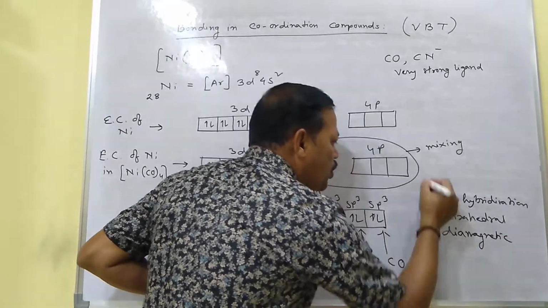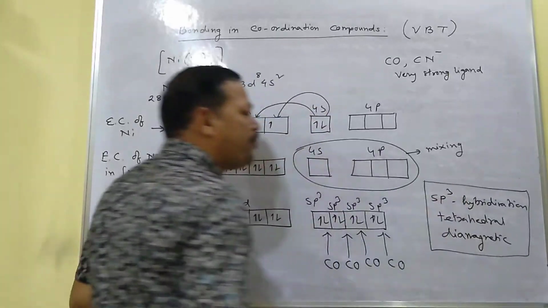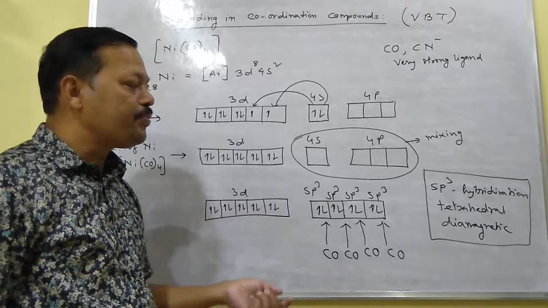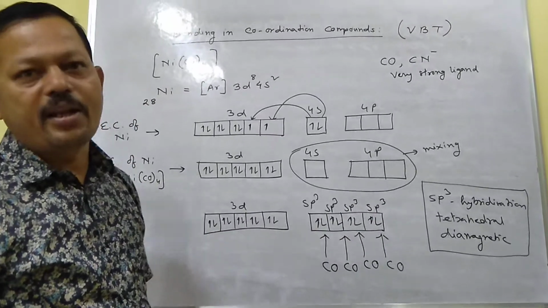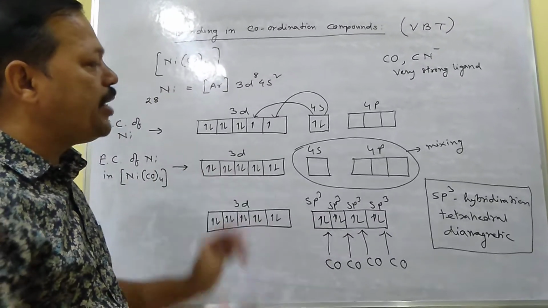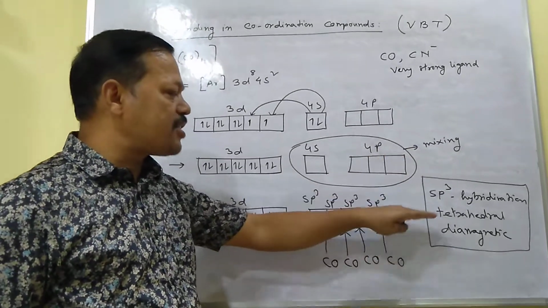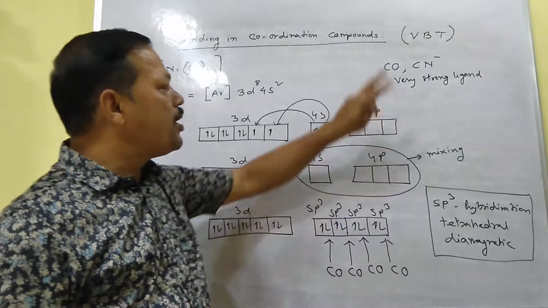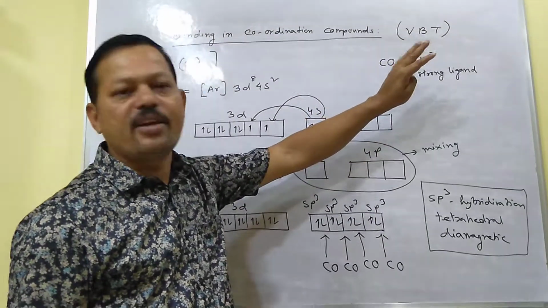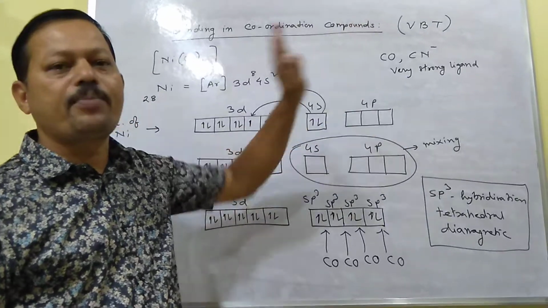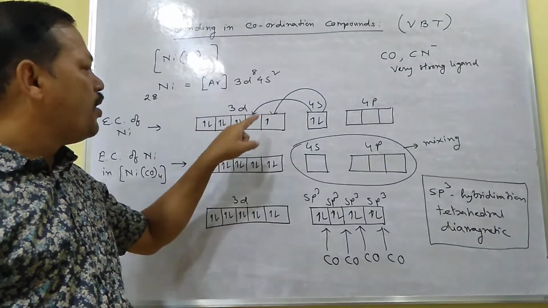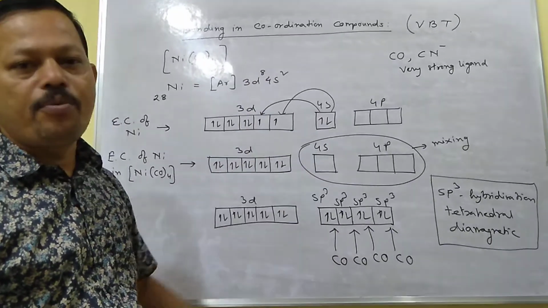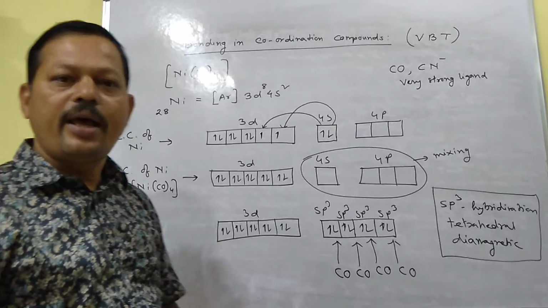But if some unpaired electron remains after hybridization, then the complex is paramagnetic. This way you can find the type of hybridization, the structure and the magnetic property of the complex. Always remember, carbon monoxide and cyanide are very strong ligands. If such ligands are present in your complex, this type of pairing takes place. Weak ligands cannot do this pairing. So this is one example.